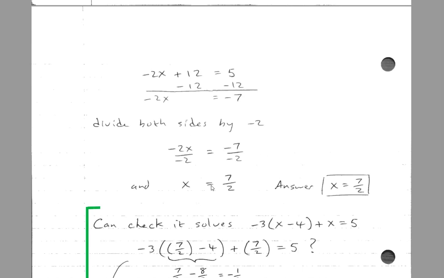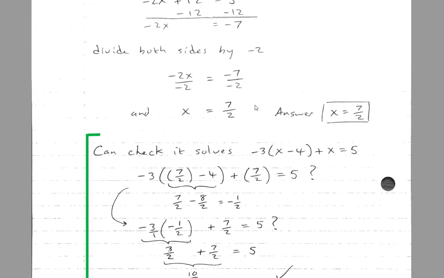So 1x is equal to negative 7 divided by negative 2. Negative divided by negative is positive. So that's 7 over 2. And that's our solution.